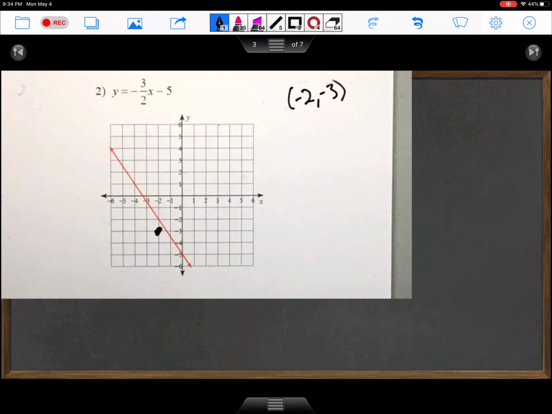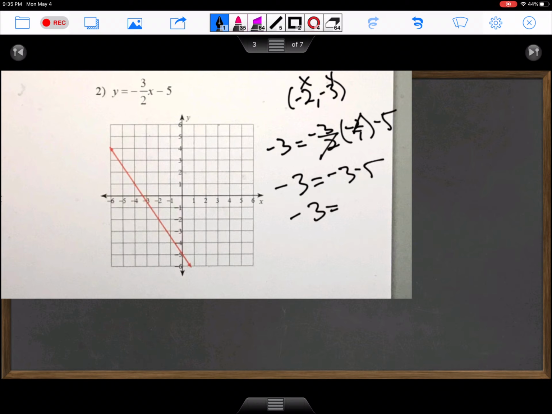All right, here, let's look at point -2, -3. Again, remember, ordered pair is just an x and a y. So y is -3, x is -2. And when I simplify, these cross simplify. And I get -3 equals -3 minus 5. -3 equals -8, which hopefully is striking you as odd.